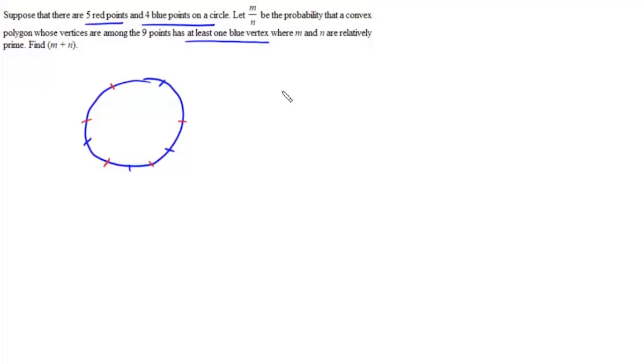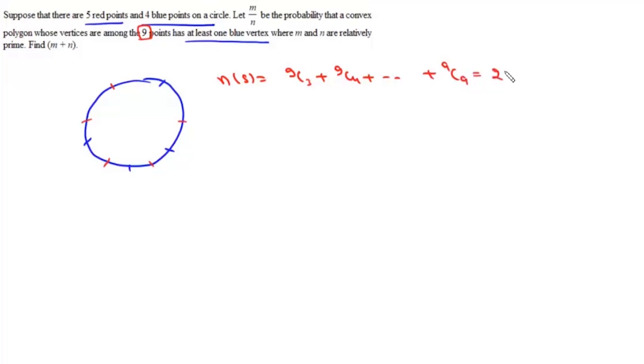Now we need to find the probability that a convex polygon whose vertices are among 9 points has at least one blue vertex. First we'll find the number of ways in which we can form this polygon. This polygon can be a triangle, which is given by 9C3. It can be a quadrilateral, 9C4. We'll continue and go all the way up to 9C9.